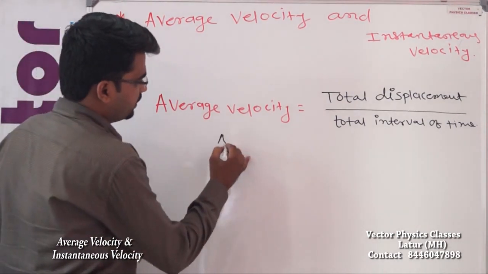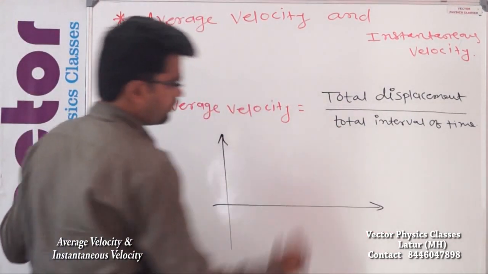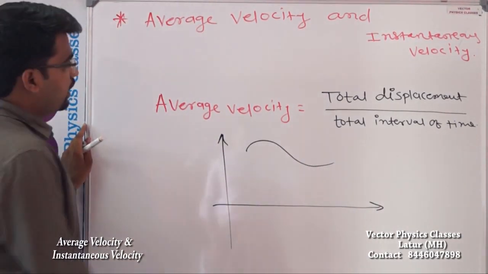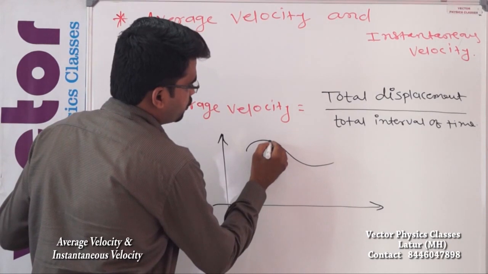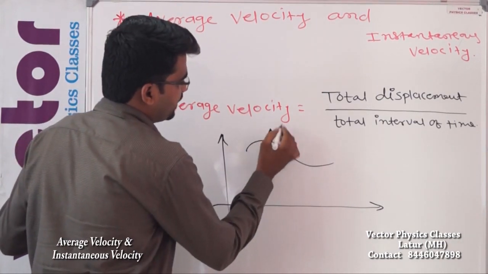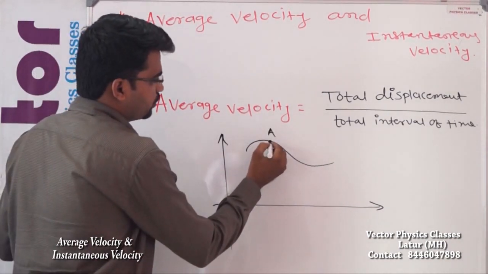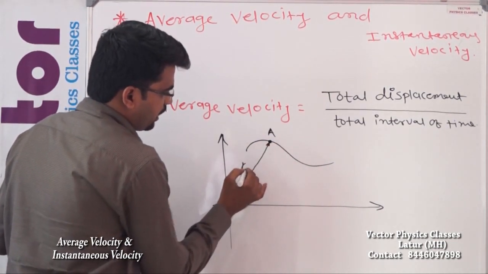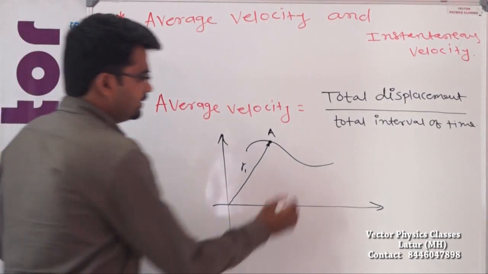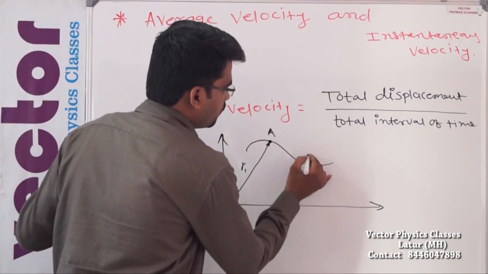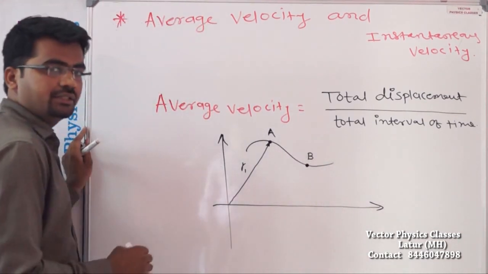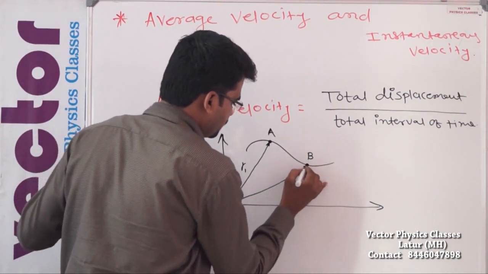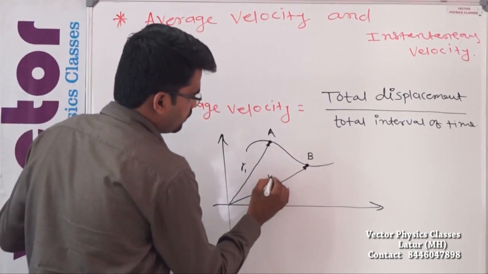We'll take one graph, anything, let's suppose like this. The position of the object is at A at time t1, and the position vector is r1. Next, the position of the object is at B at time t2, and the position vector is r2.